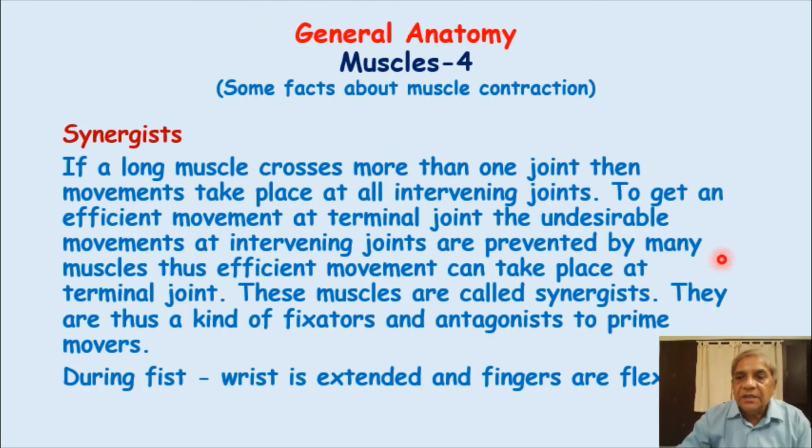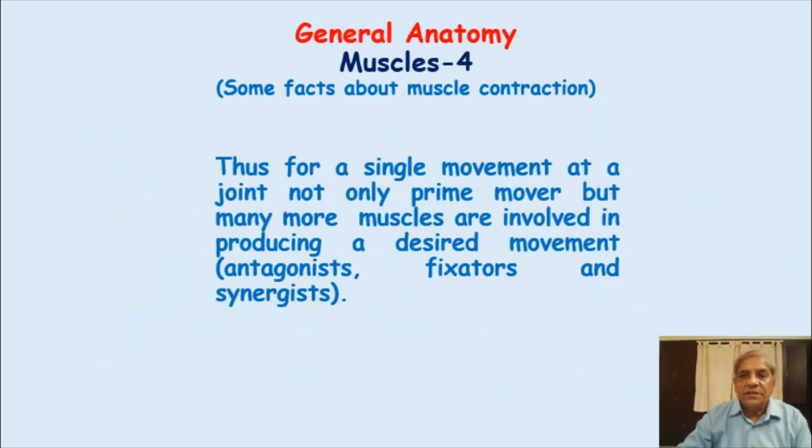Moving to the last slide, let us see what this slide tells you. This slide gives a summary of the whole lecture. For a single movement at a joint, not only the prime mover but many more muscles are involved in producing the desired movement. Which are those muscles besides the prime mover?